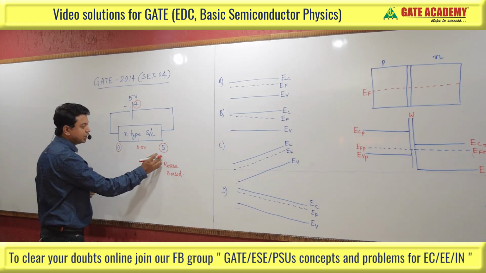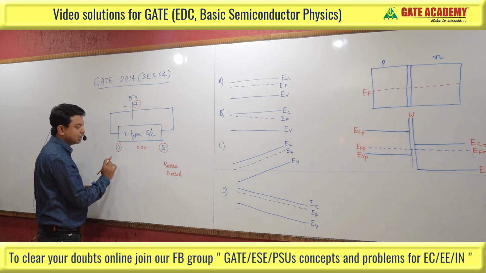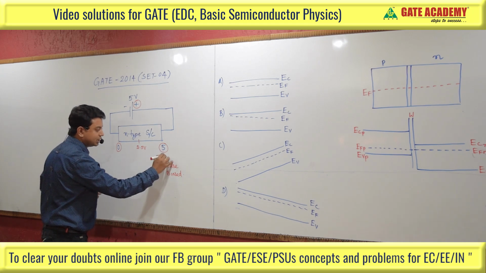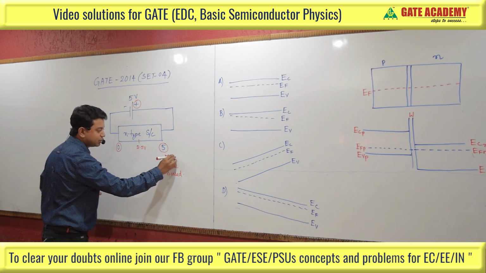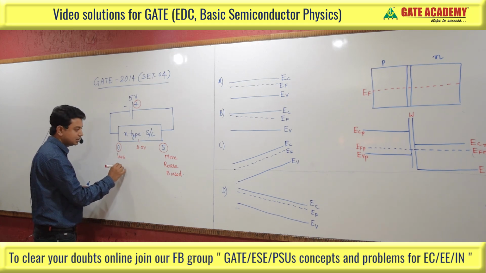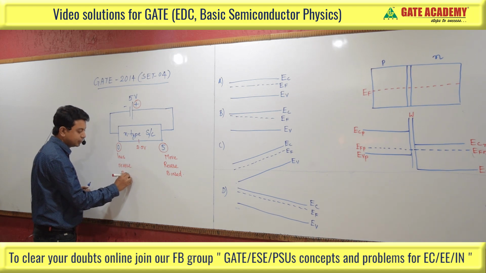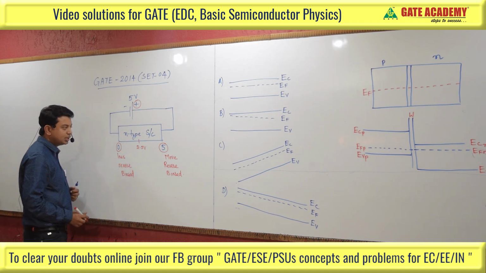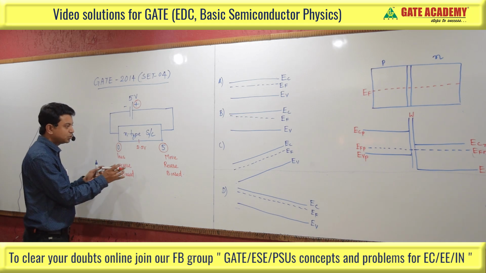If you compare right and left side at a time, the right is considered more reverse biased, and the left side we can consider less reverse biased. So this is the conclusion from the question.